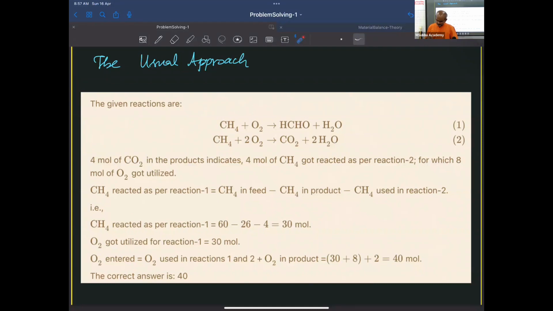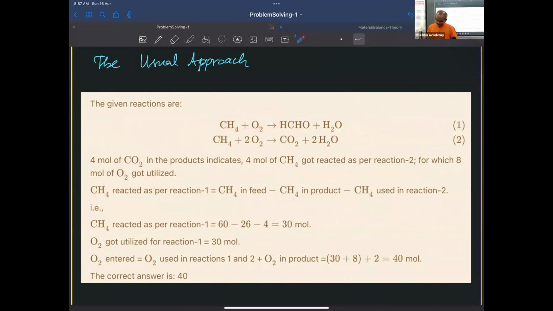Based on the data of CO2, we can find how much CH4 was utilized for that reaction, that is, how much CH4 underwent the second reaction. 4 moles of CO2 in the product indicates 4 moles of CH4 reacted as per reaction 2, for which 8 moles of O2 were utilized. Now how much CH4 will react as per reaction 1?